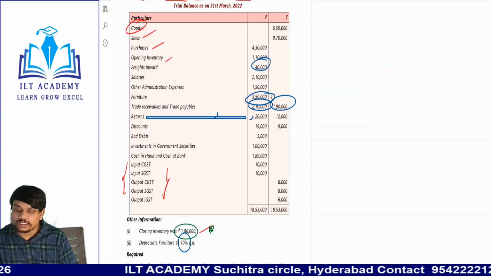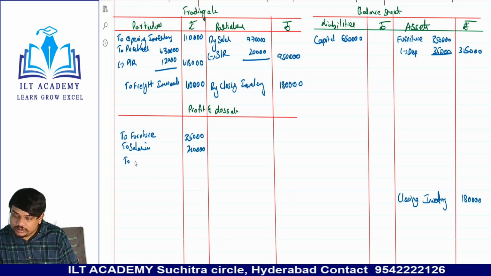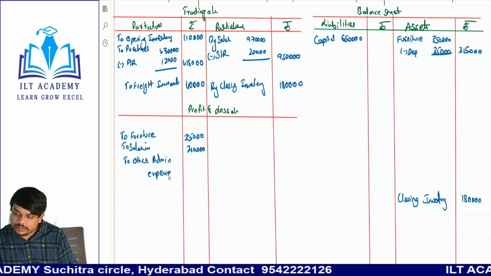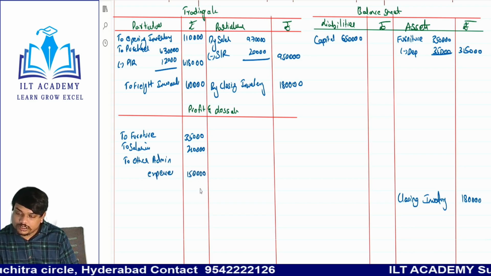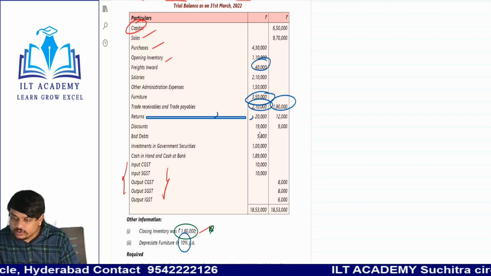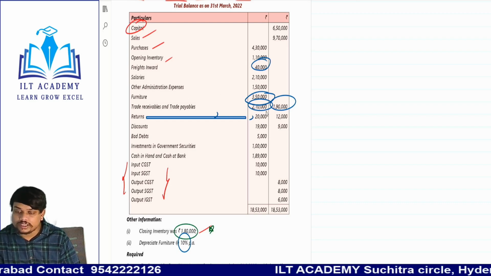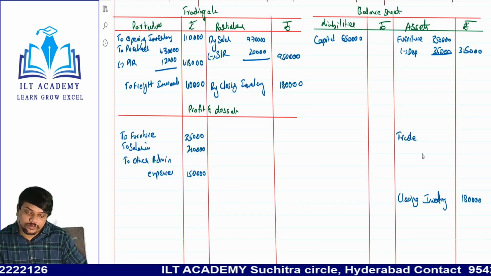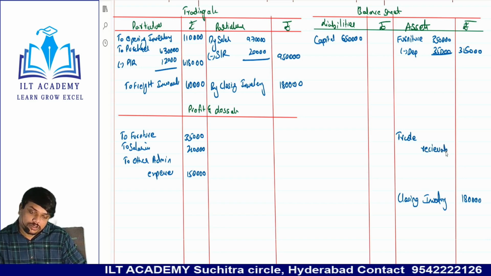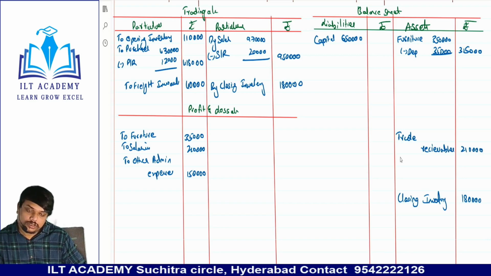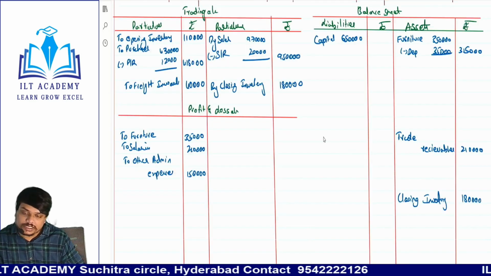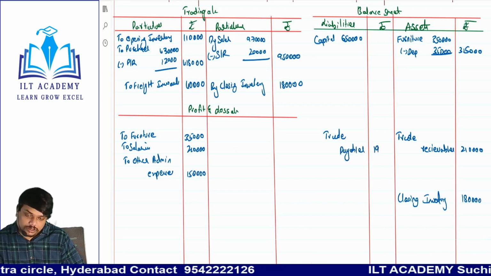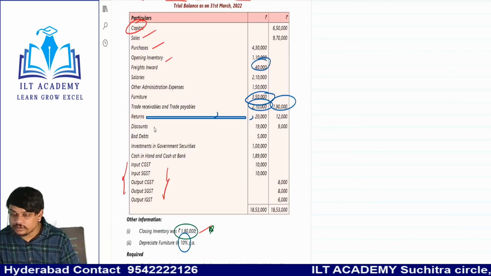After that other administration expenses 1,50,000. Furniture 3,50,000 done. Trade receivables 2,10,000. Trade payables 1,90,000. Trade receivables, trade payables done.